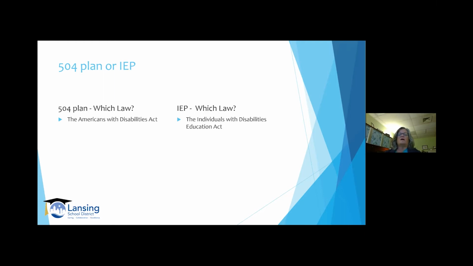In terms of IEPs, which are under the Individuals with Disabilities Education Act, these regulations are enforced through state government and the federal government and also the courts. So two different places, two different laws, and two different enforcement mechanisms, okay?